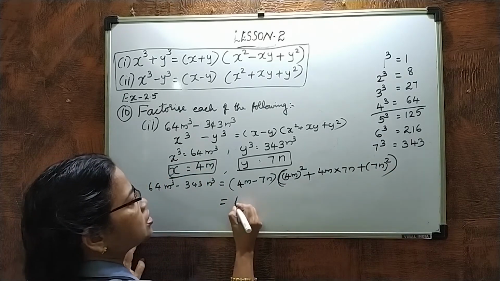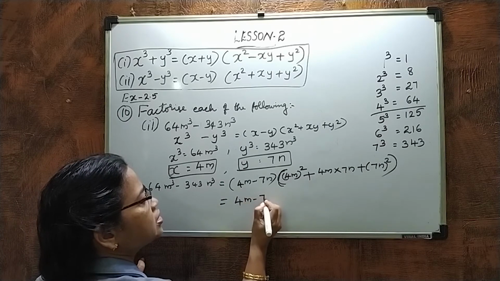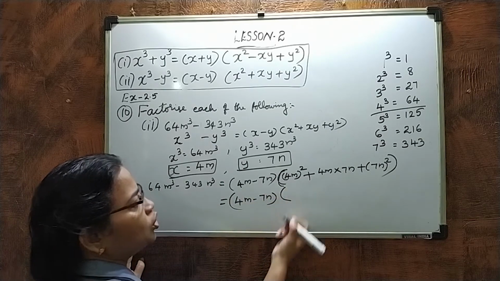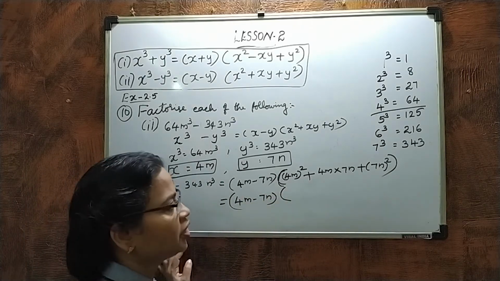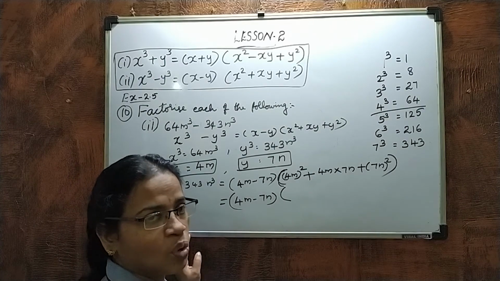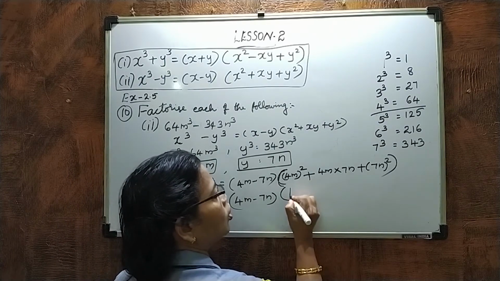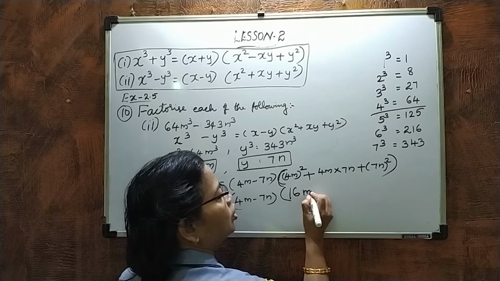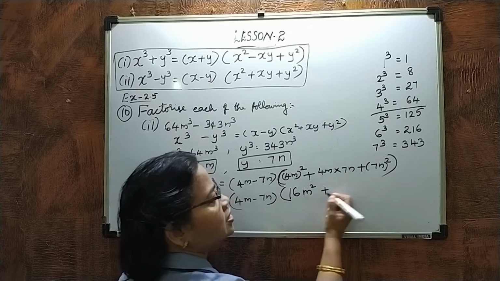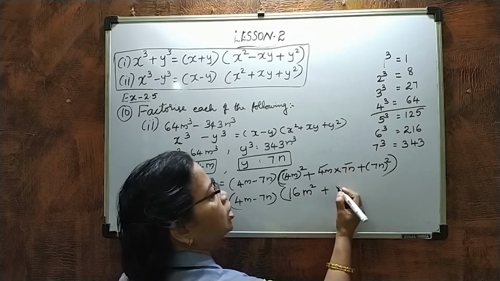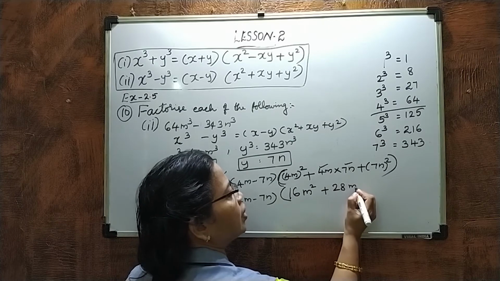Then equals 4m minus 7n into 4m square, it is 4m into 4m. So 4 into 4 is 16, m into m is m square, plus 7 4s are 28mn.